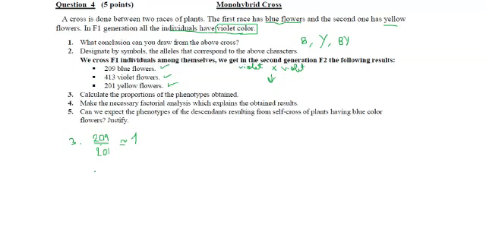Also 413 over 201 is approximately equal to 2, and 201 over 201 is equal to 1. So the sum 1 plus 2 plus 1 equals 4. So the blue color is 1 over 4, the violet color is 1 over 2, and the yellow color is 1 over 4.